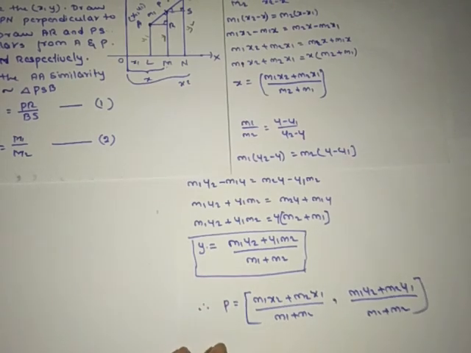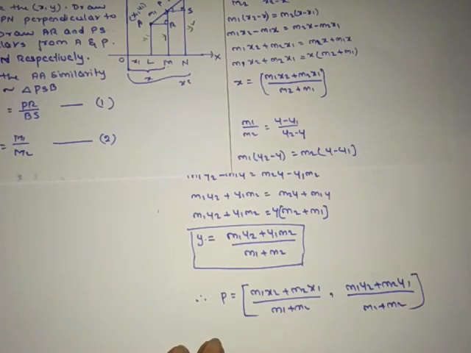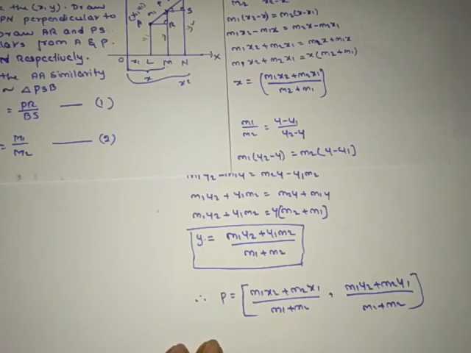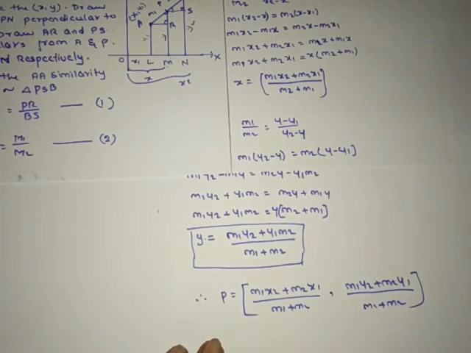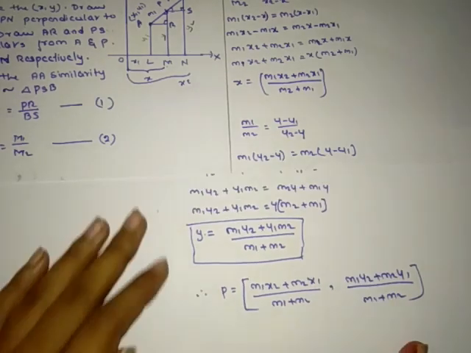Okay, now this is the section formula. Using this formula, from now onwards we are going to find the coordinates of the point P.